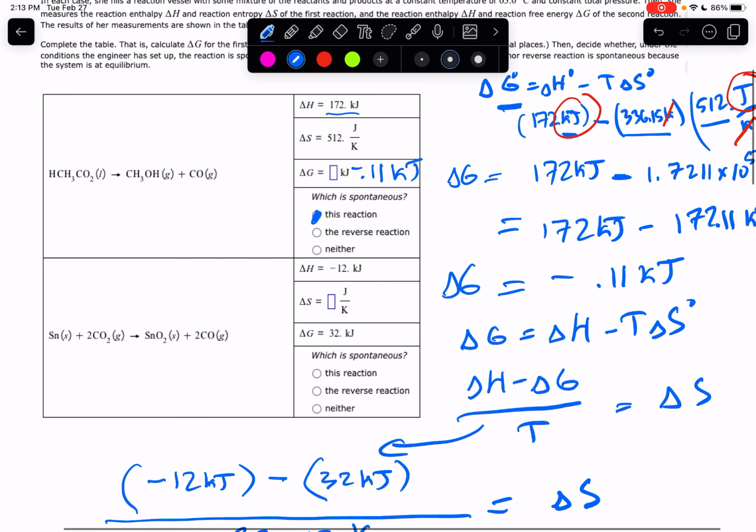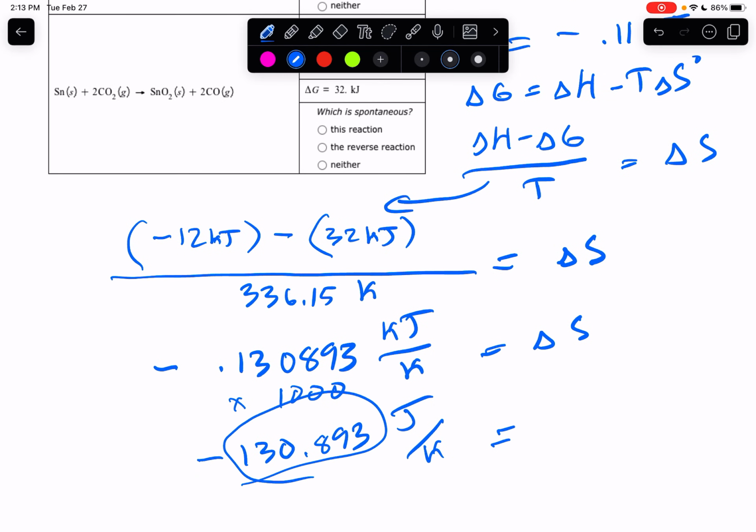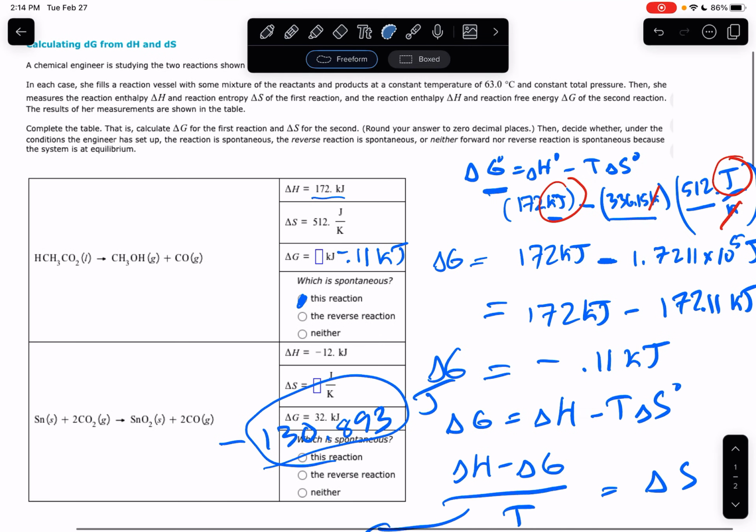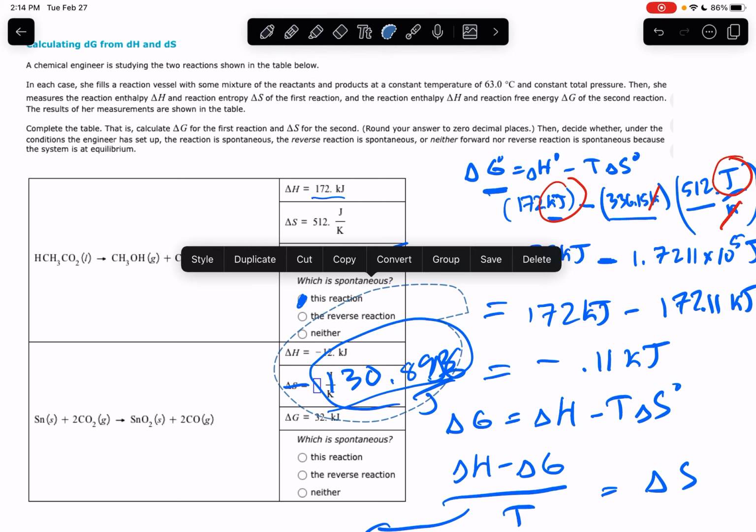Over here, when we look at the data, I could take this number right here, the negative 130, and put it up here. Since I have the ability to use cut, I'm going to take all of this right up here and put it in this space right here, negative 130.